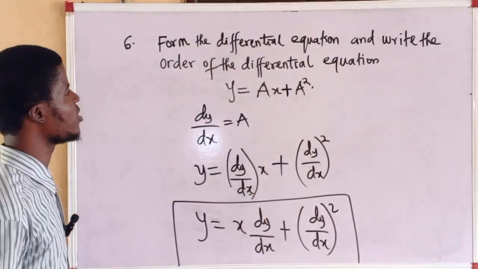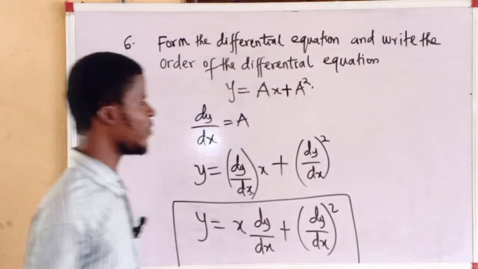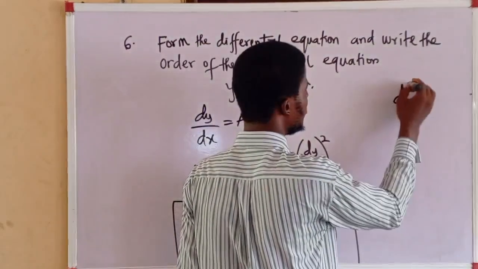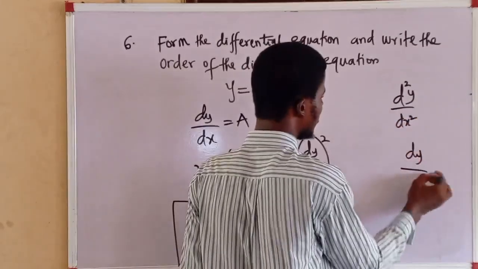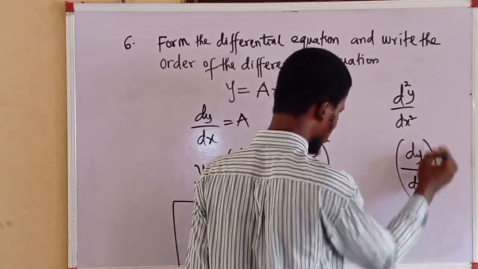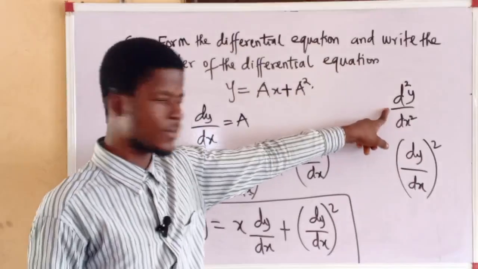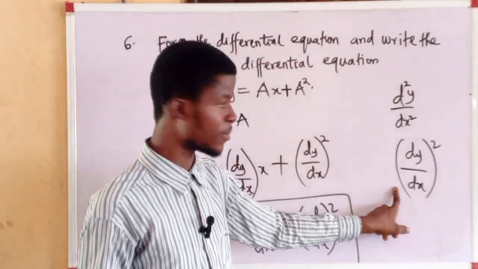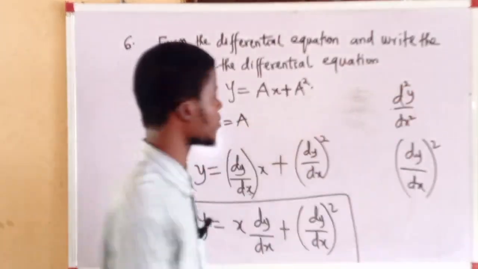The next question is, what is the order of the differential equation? There is a difference between d squared y dx squared and dy dx all squared. They are not the same. This one shows order, this one shows degree. This is of order 2 because of the square.